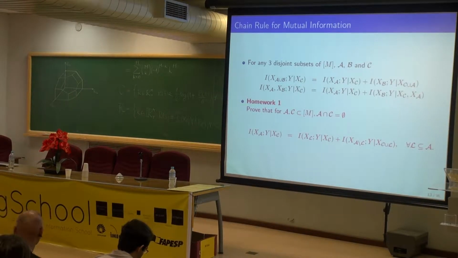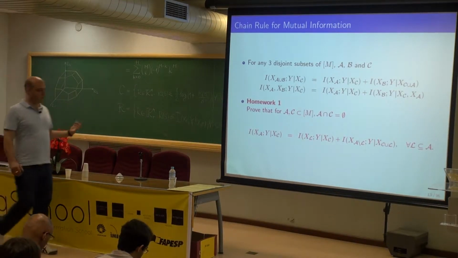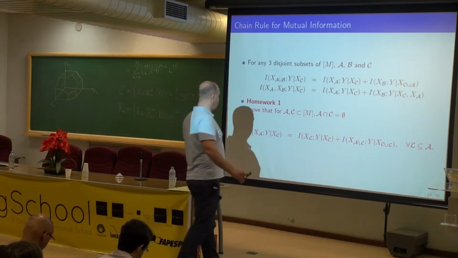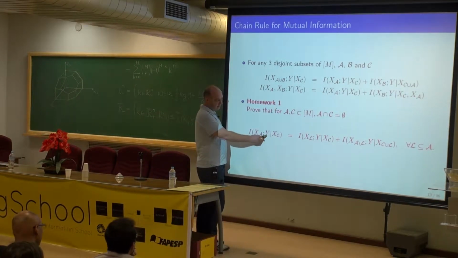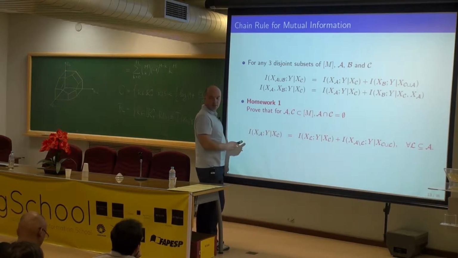So it's basically, if you break up this mutual information into H of Y given XC minus H of Y given the union of the two, then what do you need to add and subtract?